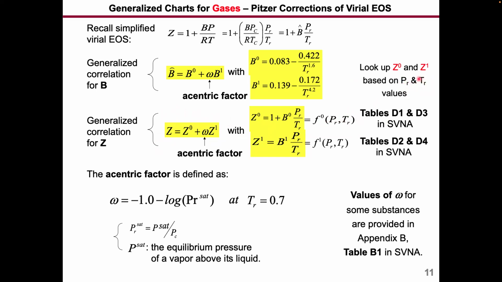Again, TR and PR are calculated from your T and P by dividing by TC and PC, okay? So as long as you know the temperature and pressure, you find TR and PR, you find Z0 and Z1. If you know the species, you find omega, and you calculate Z. Then Z is equal to PV divided by RT, so you can figure out the PVT relationship for that particular gas, okay?